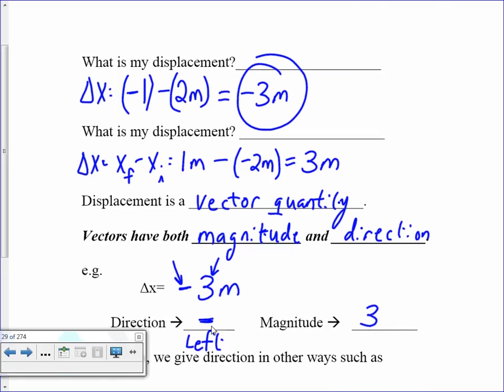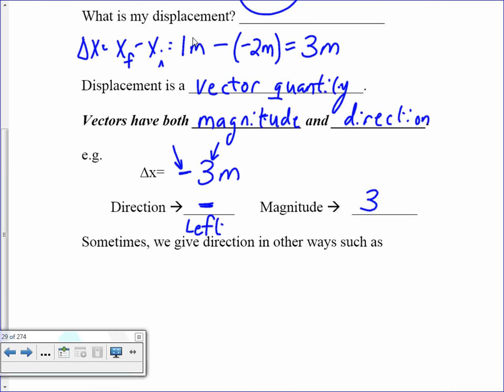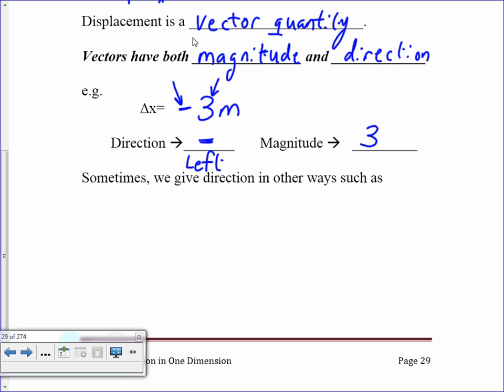If we go back up here, remember on my displacement, my final was -1, and my initial position was 2. So I was starting here and going over to -1. So notice that I moved 3 meters, 1, 2, 3, in the negative direction. And so that's what the sign means on our displacement.